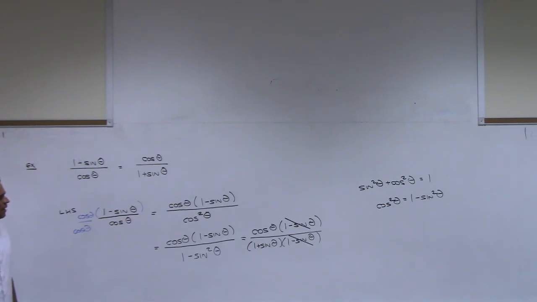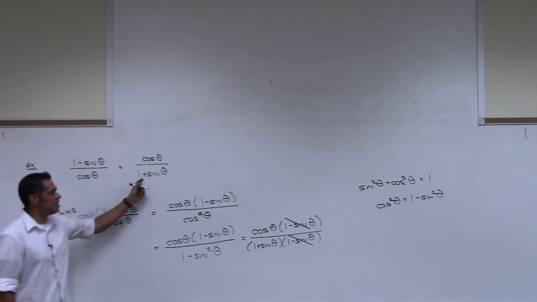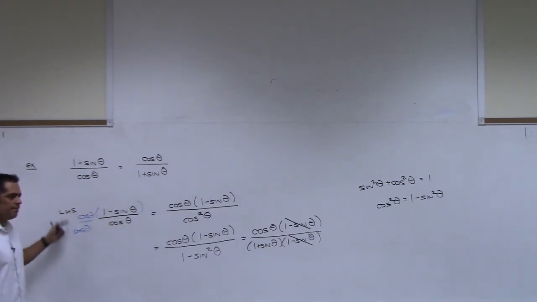Any questions on that? It's a good question. Do you think it would have worked had we not done cosine and had done 1 plus sine on top and bottom? It would have actually worked. Can you do one, or is there one where you wouldn't be able to do anything?